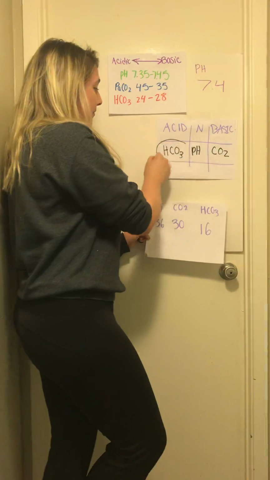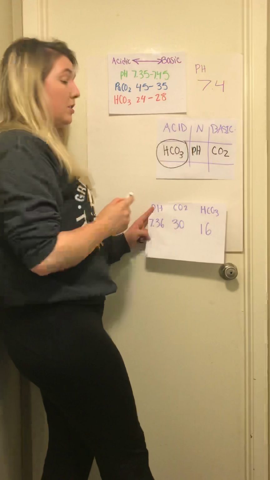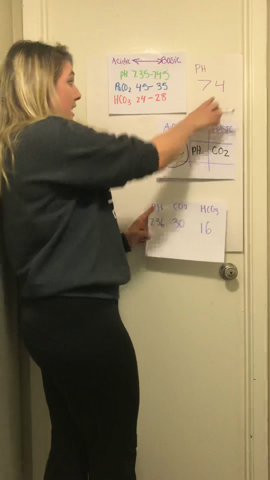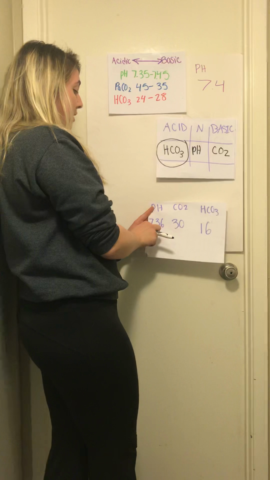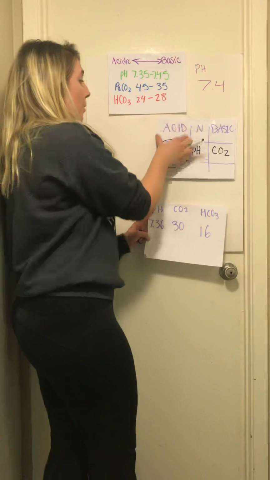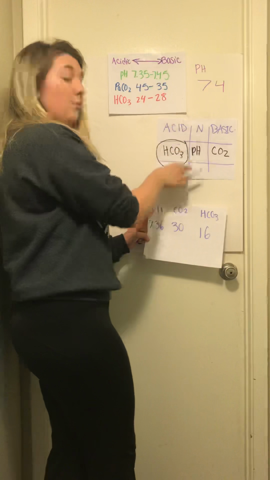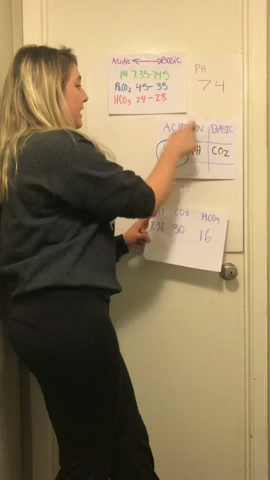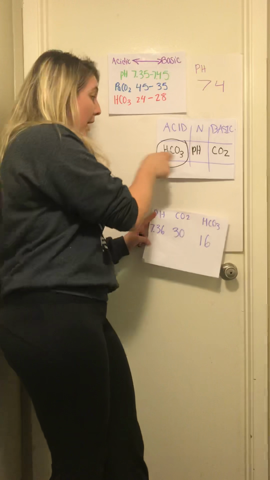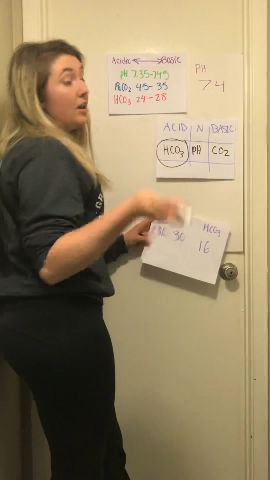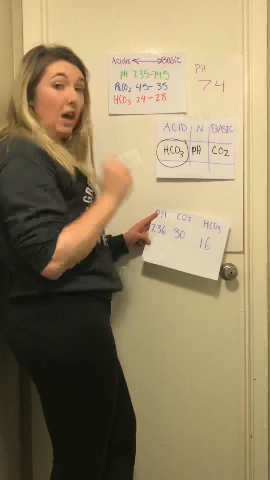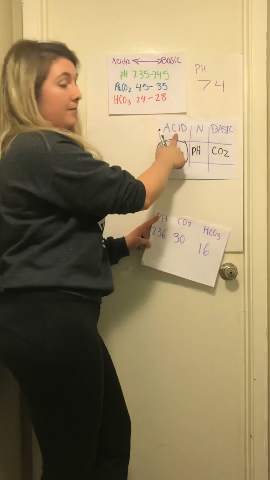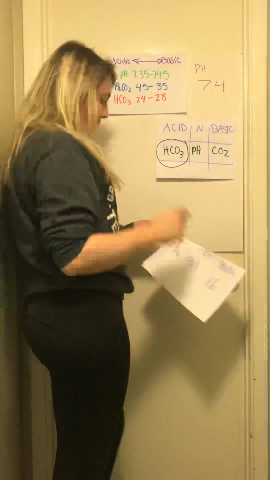So this one is going to be the one we choose to go off of because this was less than 7.4, making it acidic, so we go with our acidic row or column. Now we look at this and we see it's acidic, and what is bicarb for? It's for metabolic. So that's how we know that this is fully compensated metabolic acidosis. Okay? Let's do another example.